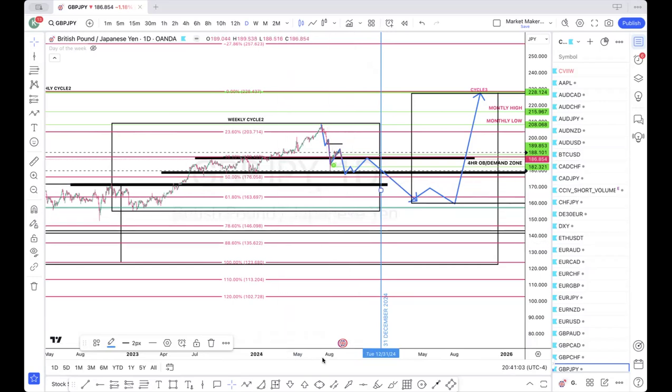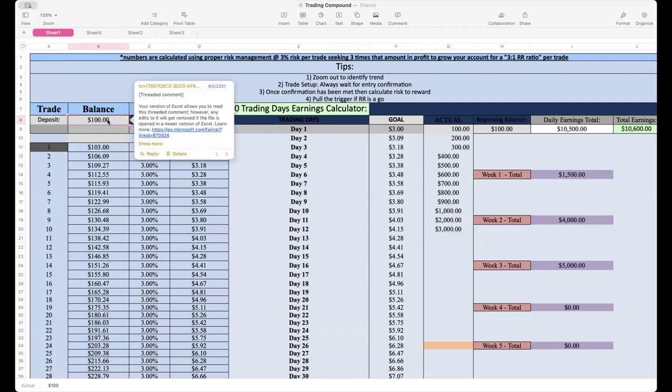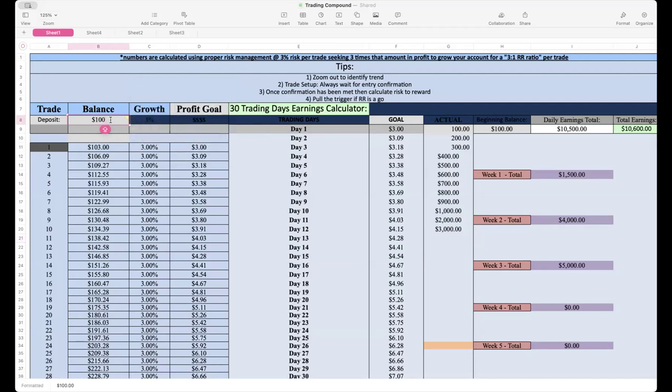Oh, one other thing I forgot to show. I am going to drop this in our group chat. So this is going to be a compound sheet, a calculator that we're all going to start with 100 or whatever you're starting out with.